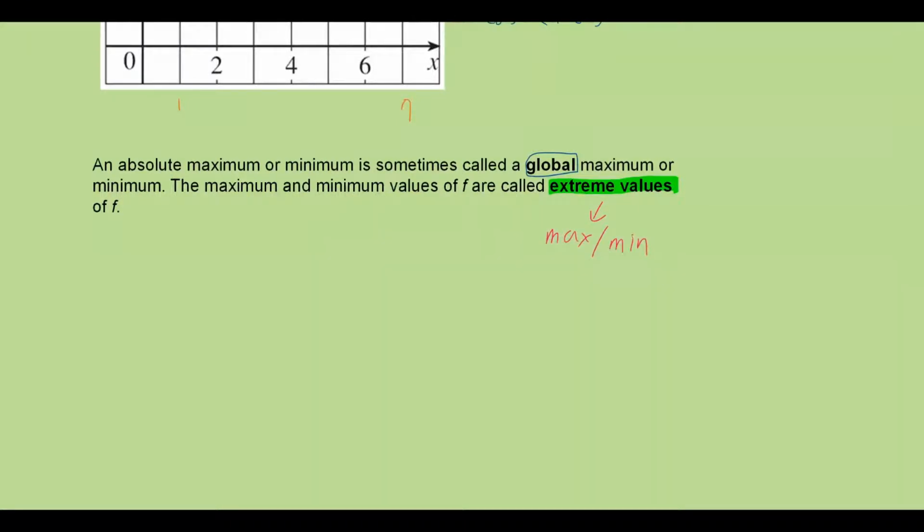And to be a little more specific, we actually include global or local minimum. Okay, now we haven't talked about local maximum and minimum yet, but we will do that in a second. But just remember that when we talk about extreme values, we want to know about maximum and minimum, both global and local.